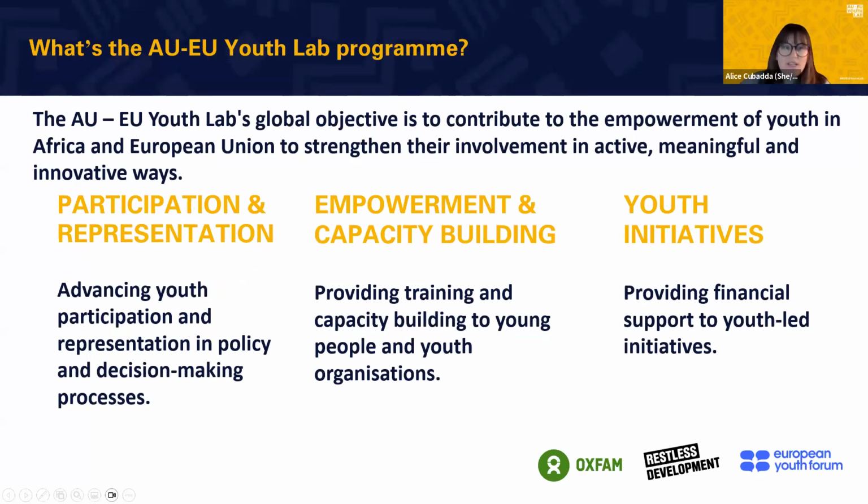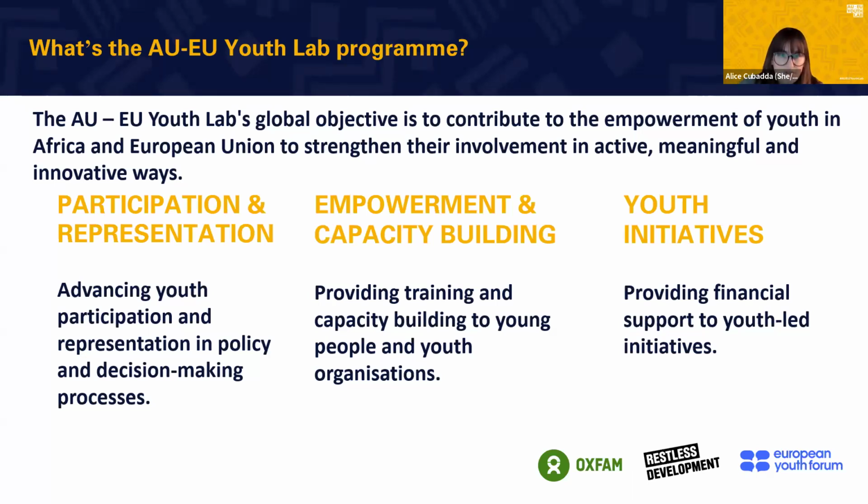All right. So what is the AU Youth Lab? It's an initiative that was created by the European Union and the African Union. They put forward the AU Youth Lab. It's a program that was built on the success of the previous initiative, the AUEU Youth Plug initiative, but also the Youth Cooperation Hub. And it's really the result of extensive consultation with a lot of young people from both continents, the African and the European.